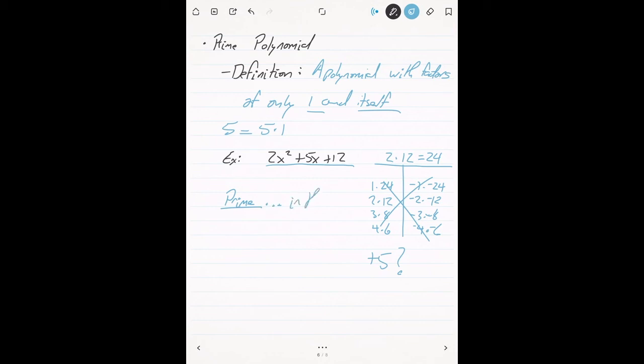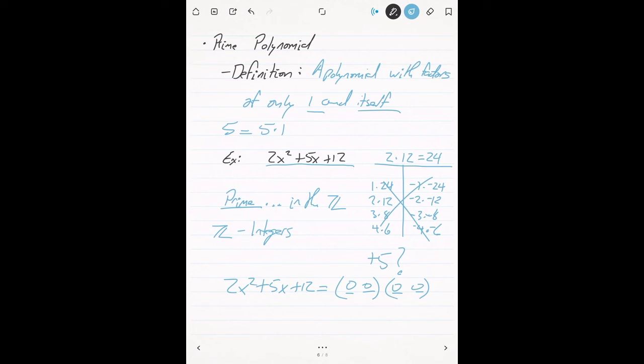In the integers. Remember, this symbol here, the boldface Z, is the set of all integers. So what I mean by this is we cannot represent 2x squared plus 5x plus 12 as two binomials with integer values.